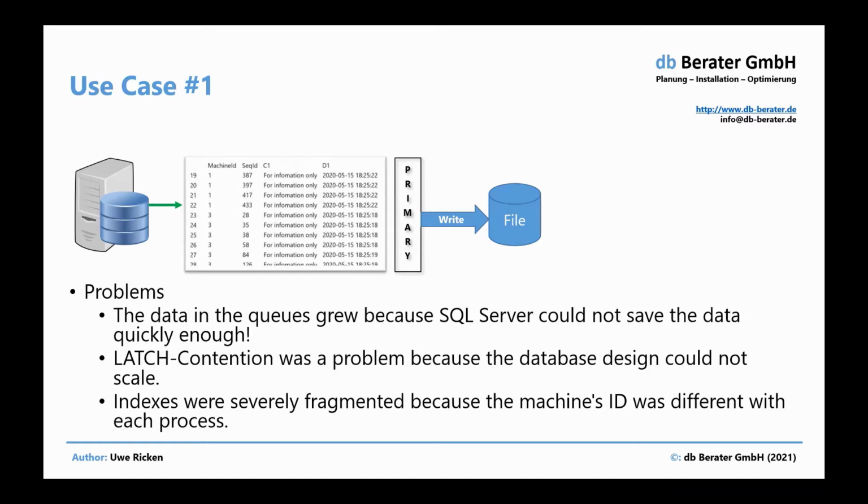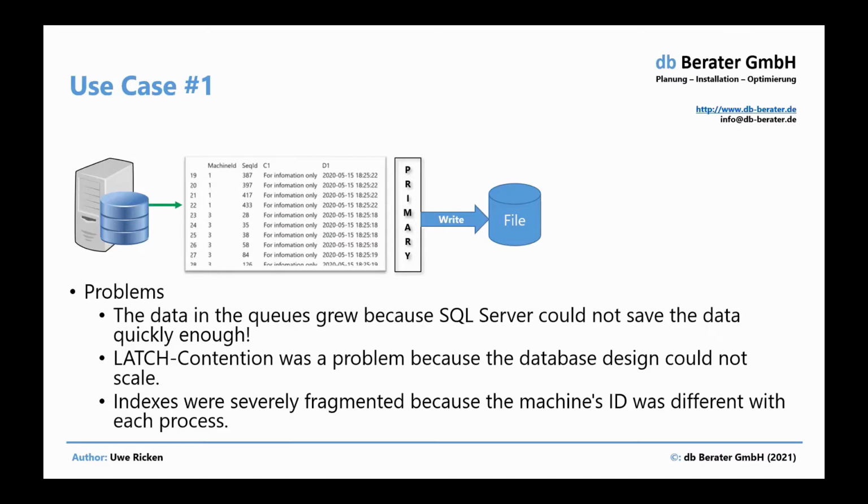A second thing that came up was that the indexes in the database on this table were severely fragmented because the machine IDs were writing from every single process, and they had a different value. So that led to page splits, lots of page splits.